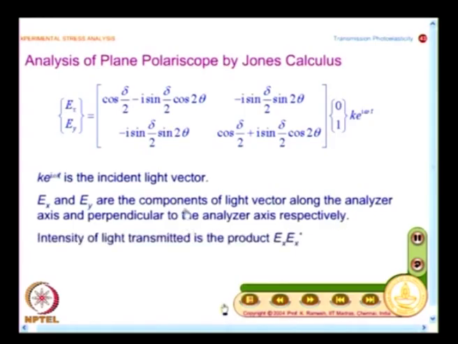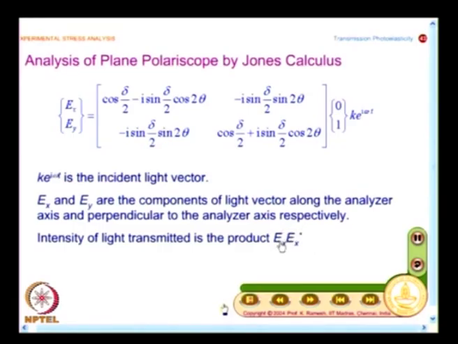So, what I have here is k e power i omega t, the incident light vector; Ex and Ey are components of the light vector along the analyzer axis and perpendicular to the analyzer axis respectively, and the intensity of light transmitted is simply Ex into Ex star, where Ex star is the complex conjugate.